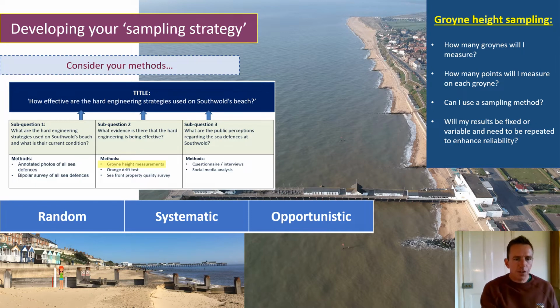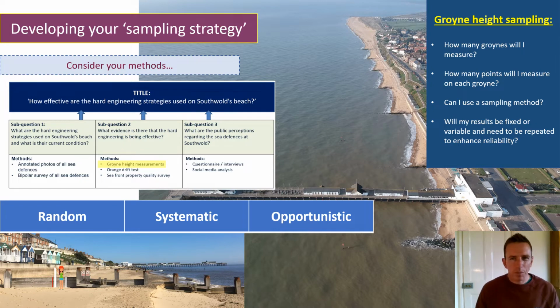So for instance, if you chose to systematically sample along this groin here, your first 5 metre reading might be fine, and it might be that that is a measurement up to the top of one of those horizontal beams. Your 10 metre reading might also be up to one of the tops of those horizontal beams. But the third reading at 15 metres might actually correspond with where one of those posts are.